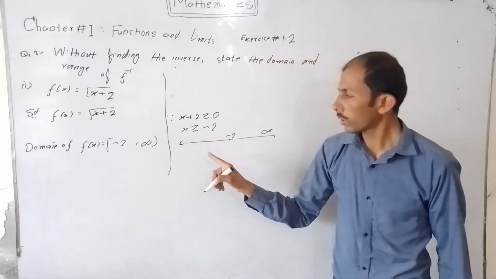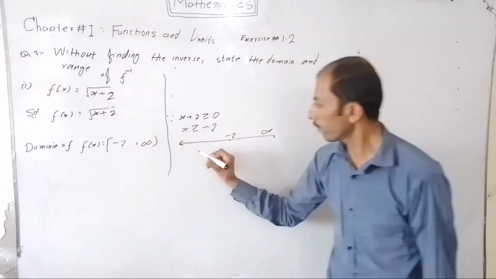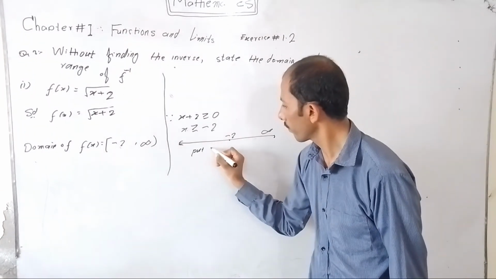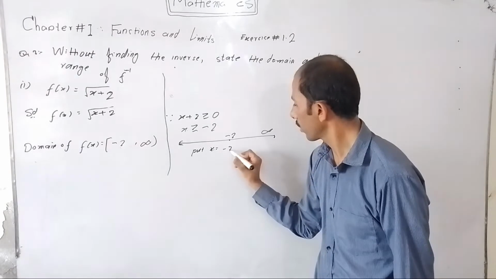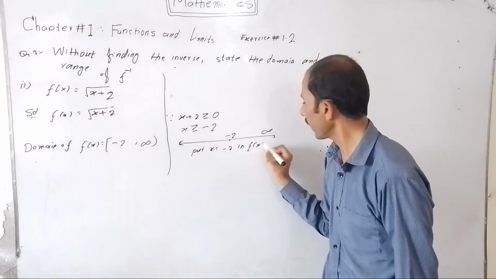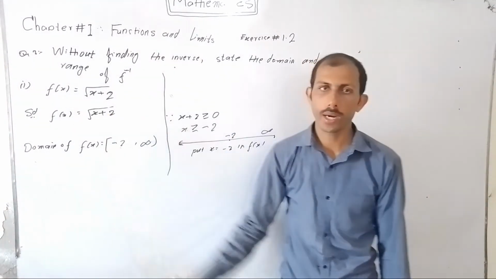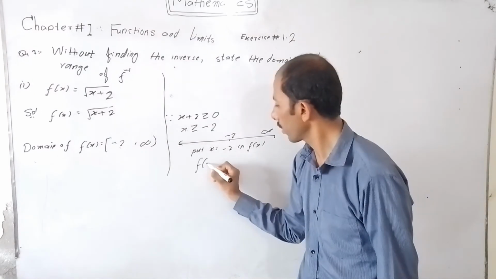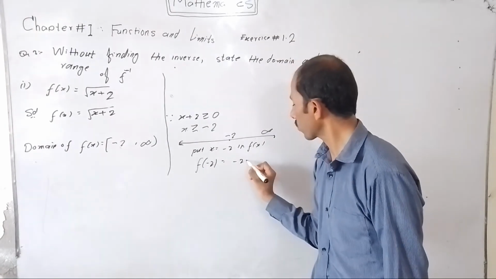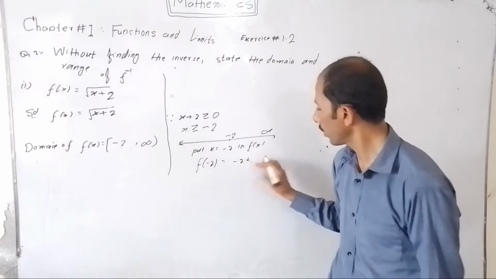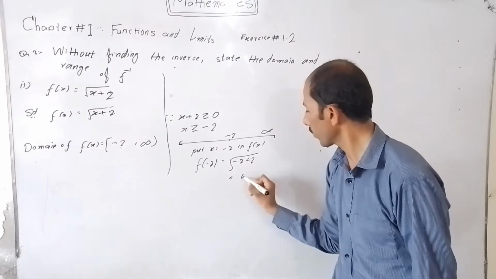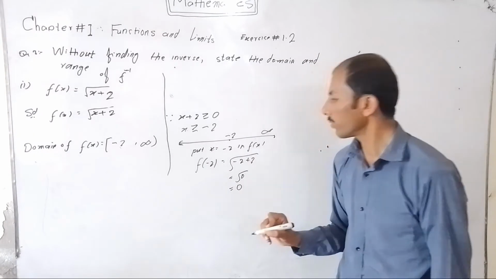Next, put x is equal to minus 2 in f of x. So f of minus 2 is equal to under root of minus 2 plus 2, which is equal to 0.